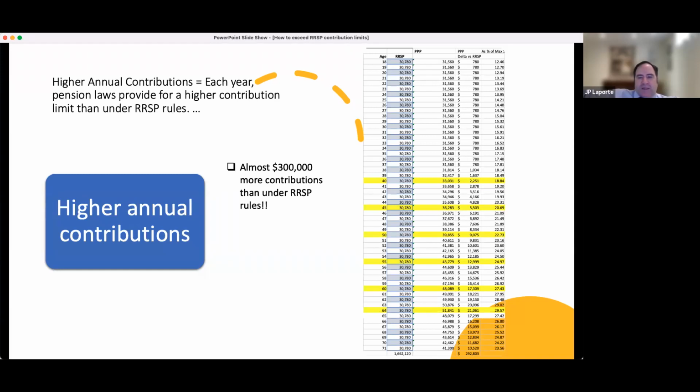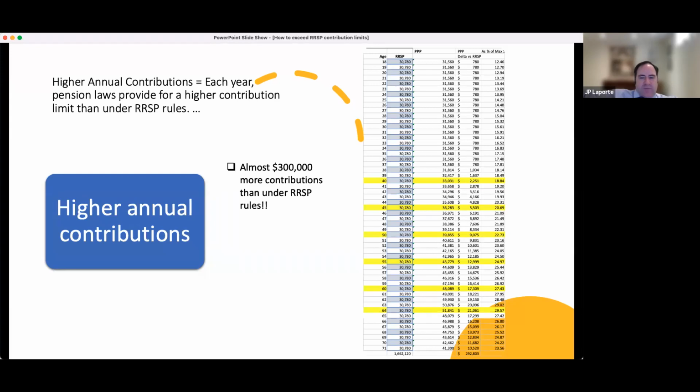And then we've reflected that as a percentage of the maximum salary. So RRSP is 18%, but as you grow older, that percentage just keeps growing until it reaches its crescendo at age 64, where instead of 18%, we're at almost 30%, 29.57%.